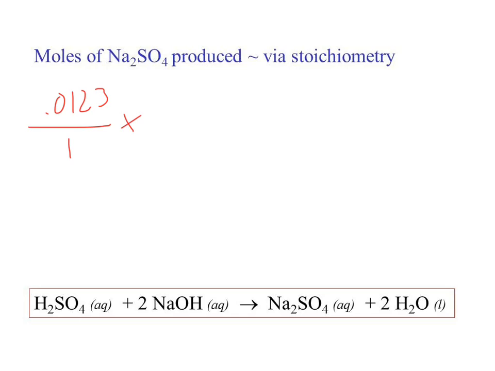That was moles of Na2SO4, and that was moles of NaOH. Put moles of NaOH on the bottom and moles of Na2SO4 on the top. Then you have to look at what their stoichiometric coefficients are.